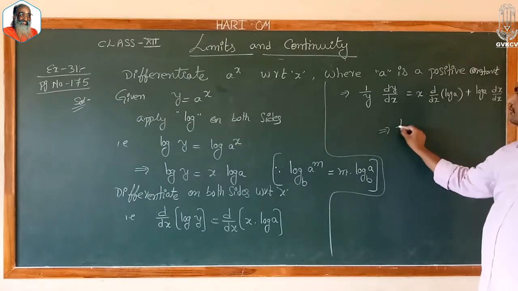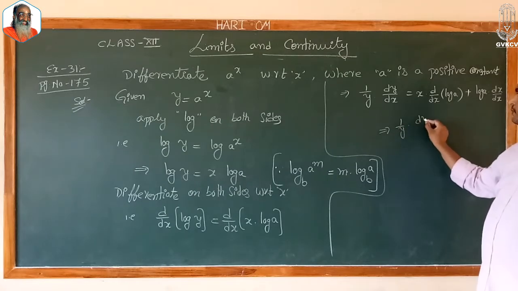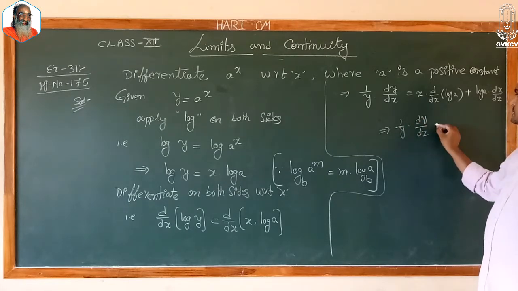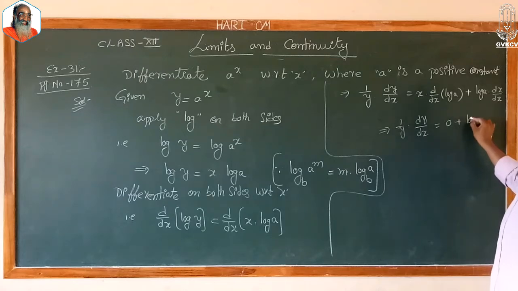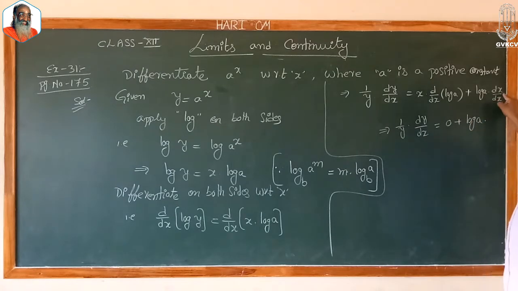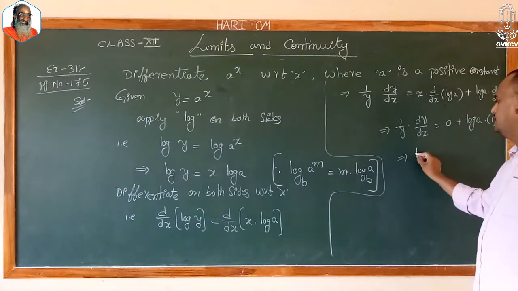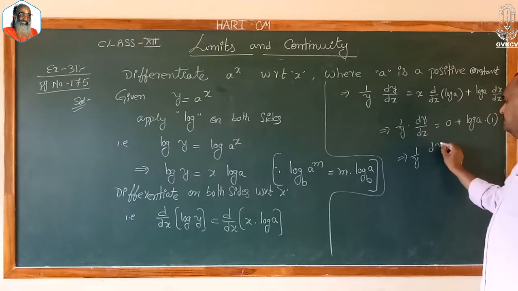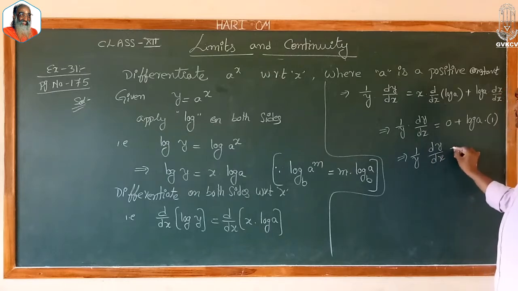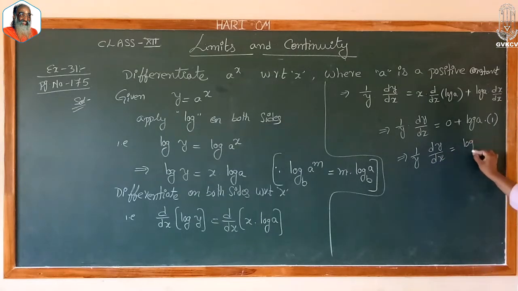So what we have here is 1 by y into dy by dx is equal to 0 plus log a. dx by dx is nothing but 1. So we have 1 by y into dy by dx is equal to log a.